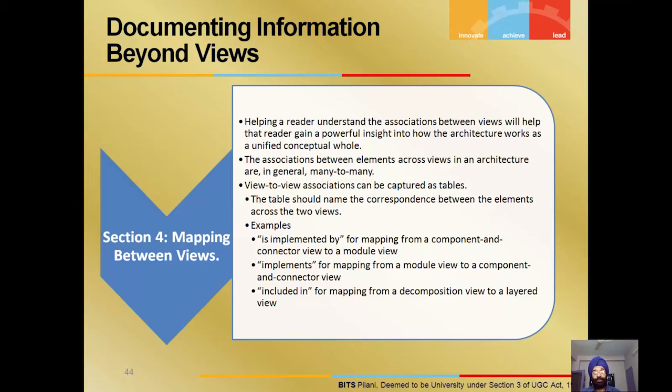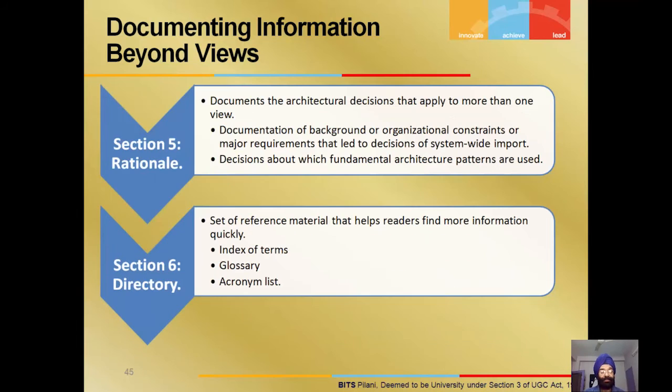Sometimes there is a decomposition. So you could indicate what elements have been decomposed into what elements, a mapping of decomposition as to how these elements are relating to one another. A rationale behind selecting the views could be in good place.